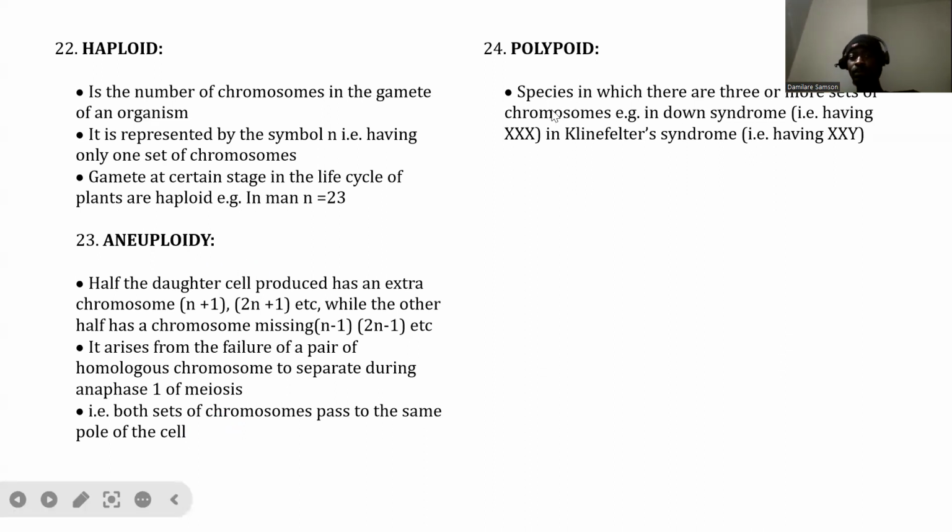Now, polyploid: species in which there are 3 or more sets of chromosomes, e.g. in Down syndrome. Polyploid has more to do with sex chromosomes. Sex chromosomes are basically diploid, either XX for female or XY for male.